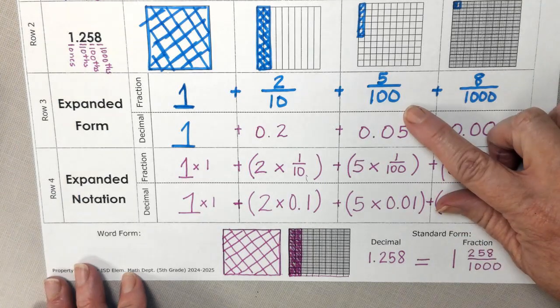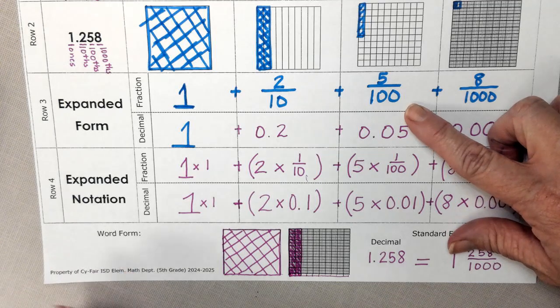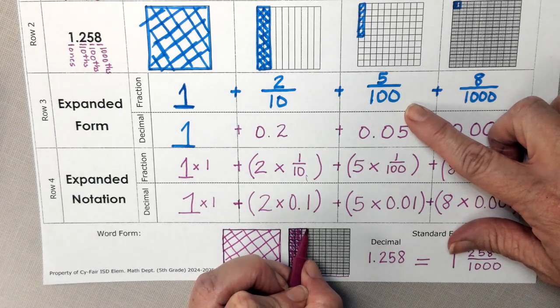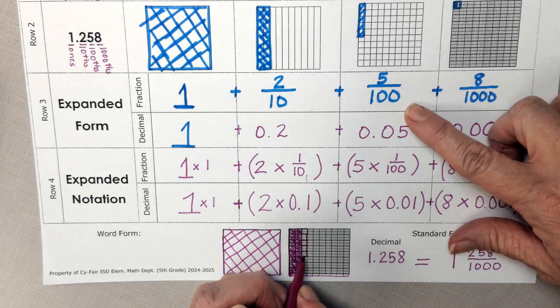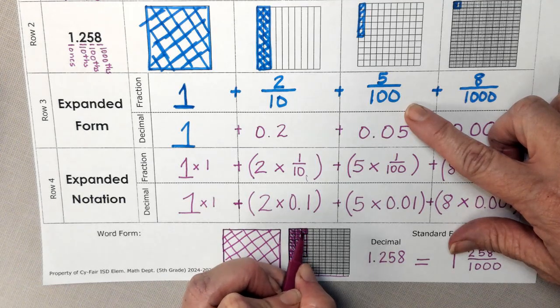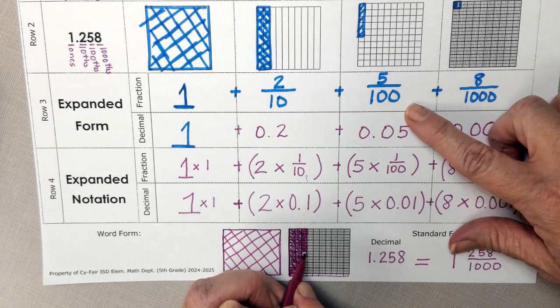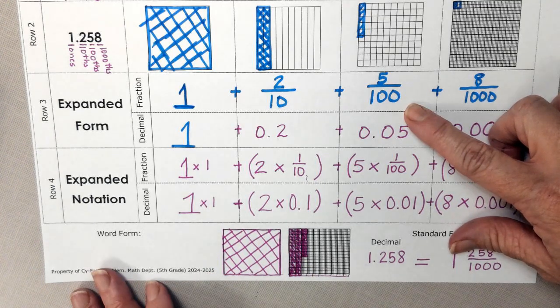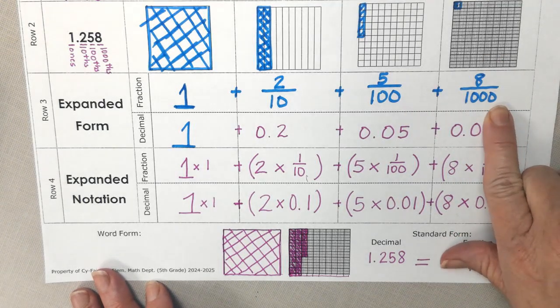How many hundredths did we have? Lexi? 5. So I now have 1, 2, 3, 4, 5. I'm going to shade in those 5. And in the thousandths, we had 8.